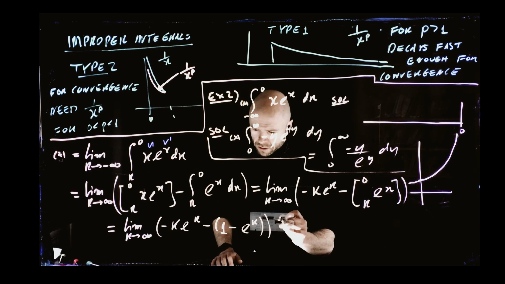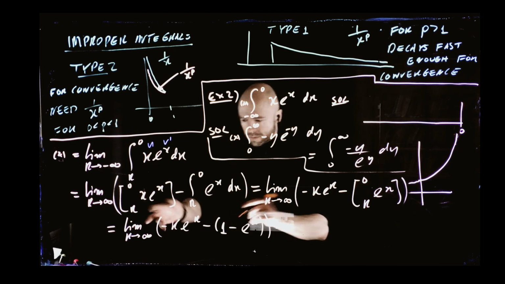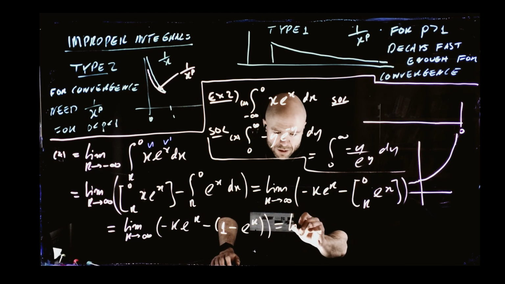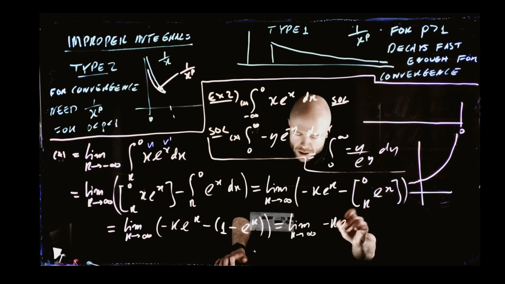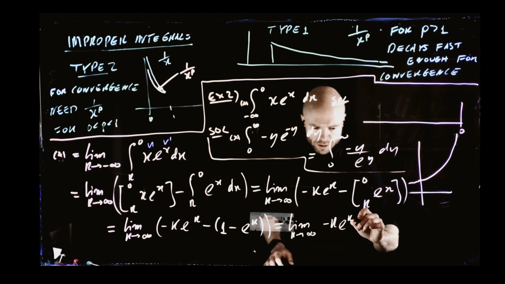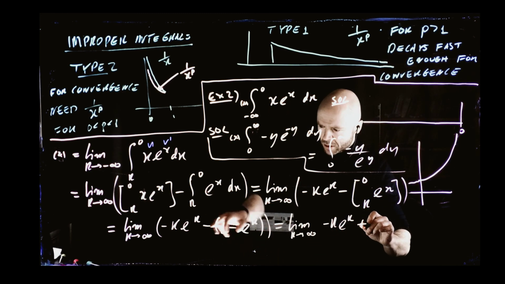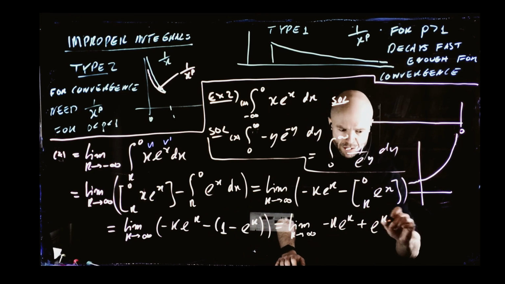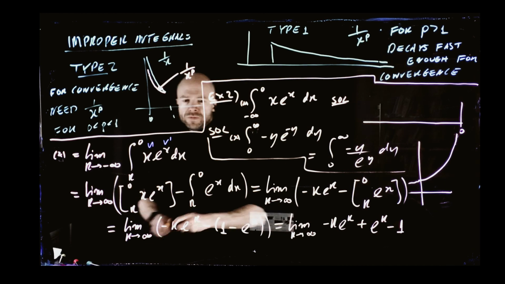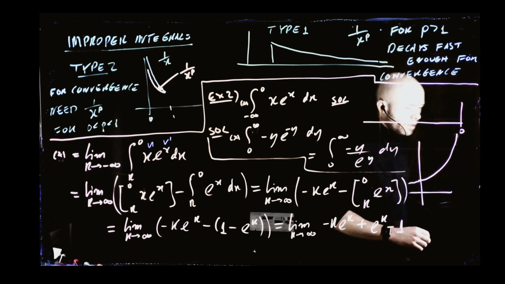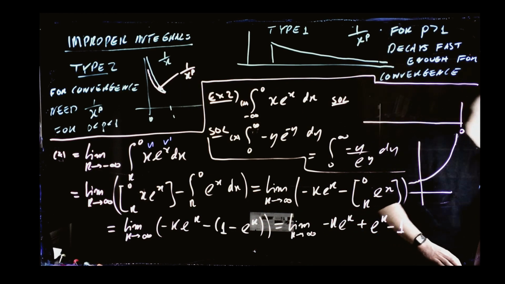So what's this in total? Let's just take out the brackets. So this is the limit as r goes to negative infinity of minus r e to the r minus 1, plus e to the r, and then minus 1, like this. Yeah? So what's that limit? What's the limit of this as r goes to negative infinity?